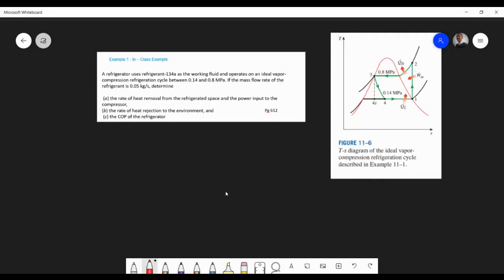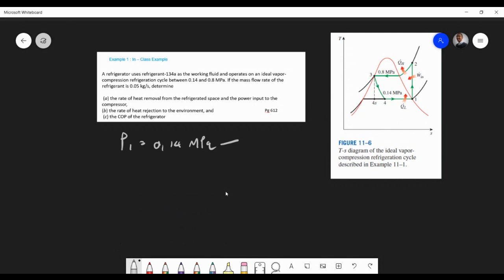All right, so first things first. We start at point 1, and I want you guys to make this very interactive, so you check. P1 is the pressure of 0.14 megapascals. We're at point 1 here, so which region is it, vapor or liquid?